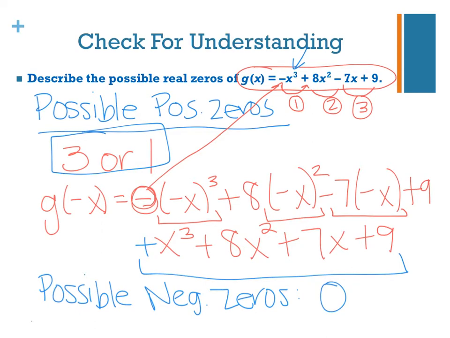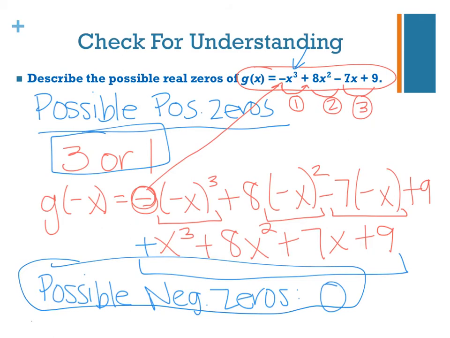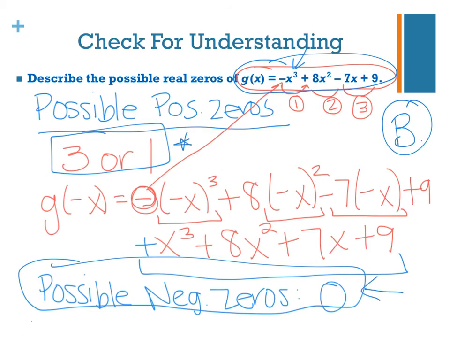Now, our answer here, 3 or 1 possible positive zeros and no possible negative zeros, gives us a response to the multiple choice question of B. Now, you can always go and graph g of x if you want. You don't have to, but you can graph and see how many zeros it has, and like I said before, they're all going to be positive because it's not possible for this function to have any negative zeros.